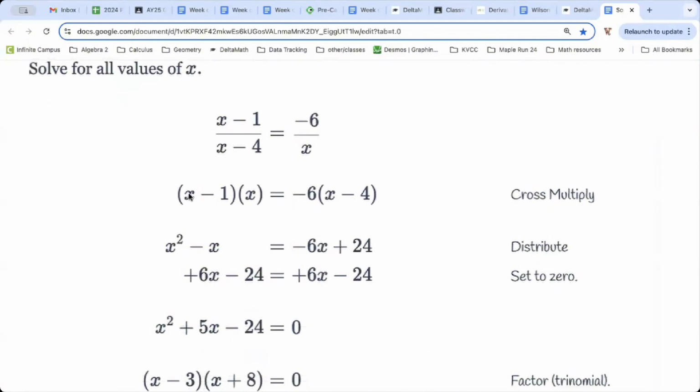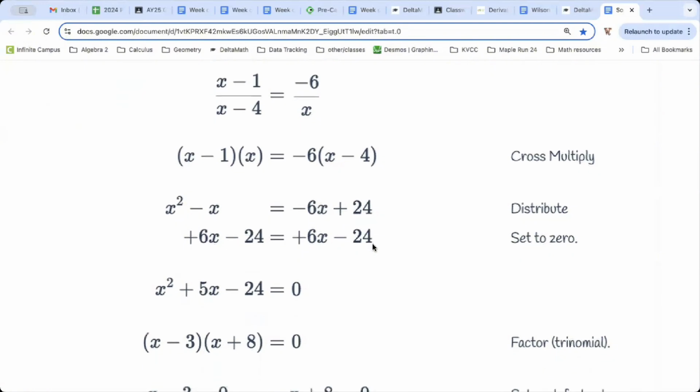Distributive property: x squared minus x is equal to negative 6x plus 24, because negative 6 times negative 4 is positive 24. Now you need to recognize you have a quadratic equation on your hands because you have x squared. The highest degree is 2.